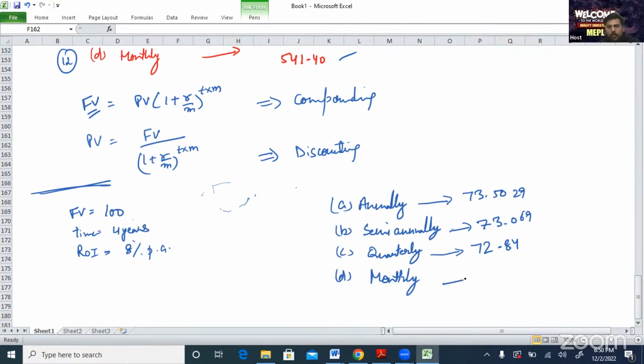That is coming 72.692. Now you can see here, if your compounding is increasing, then the higher the compounding, the lesser is your present value.